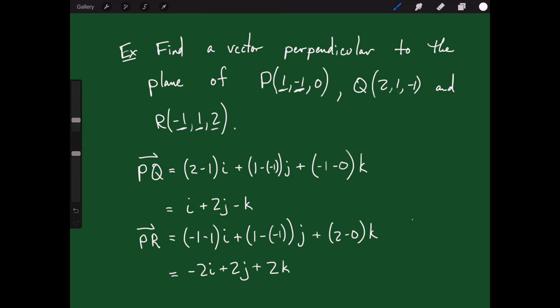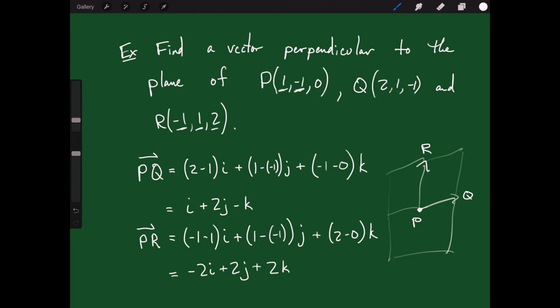Both of those lie in one plane, and I want to figure out what is a perpendicular vector to both of those vectors. Notice that if I have two vectors, let's say that this is P, and this is Q, and this is R, then those two vectors lie in some plane, right?